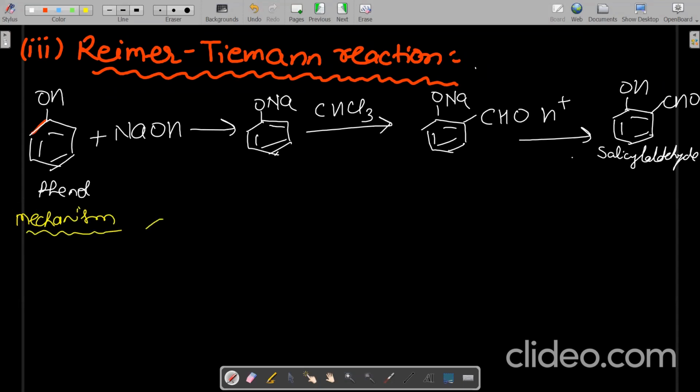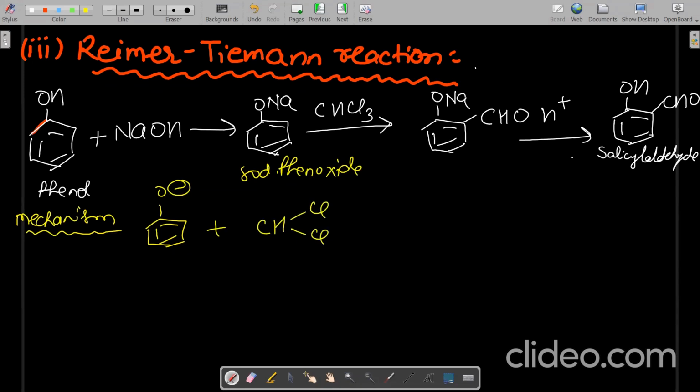If you write the step reaction, how can you write it? This sodium phenoxide: first, the phenol reacts with NaOH to form sodium phenoxide. This is called sodium phenoxide, and this sodium phenoxide, which I am writing in this form, reacts with chloroform, that is CHCl3.